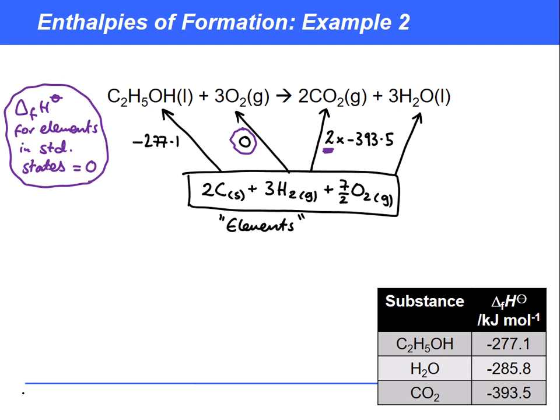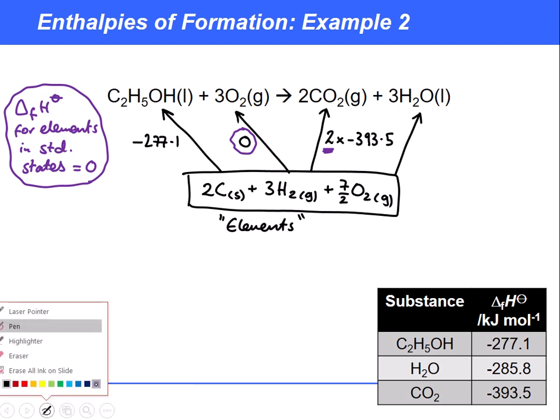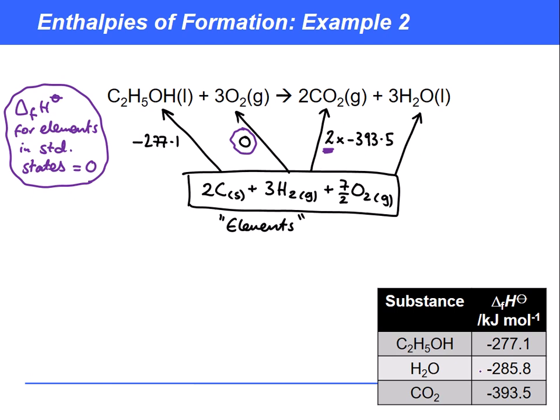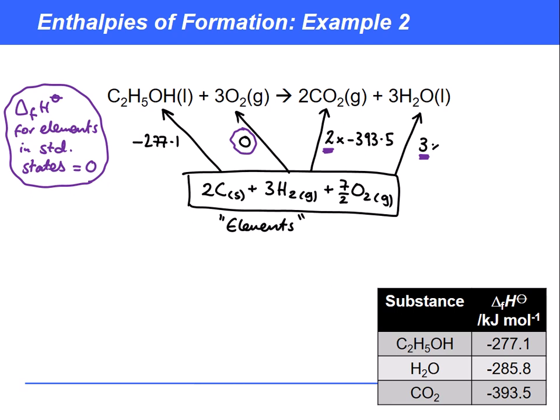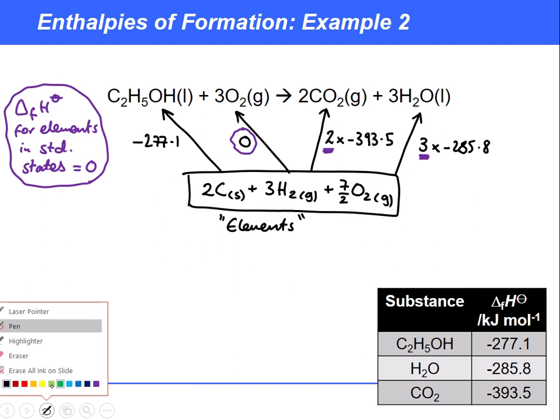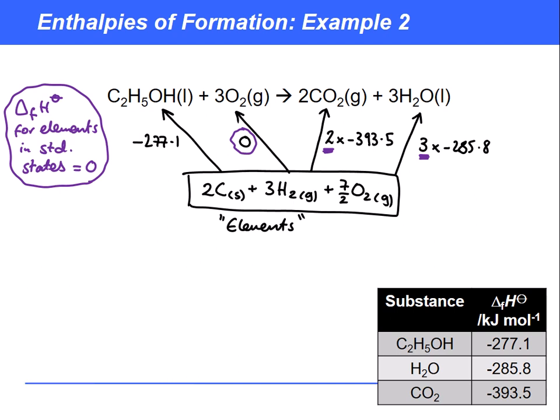Now here we need to make 3 H2Os, so this time we need to treble the enthalpy of formation of H2O, because that would have been just for making 1 mole of H2O. So we need 3 times minus 285.8. So now that we've got our enthalpy values put on, we need to consider our two routes, or our clockwise and anti-clockwise arrows, and we can see that these arrows here are always going in a clockwise sense.